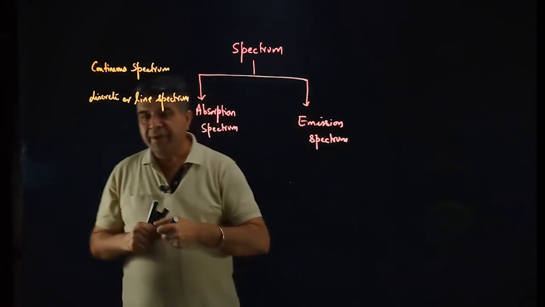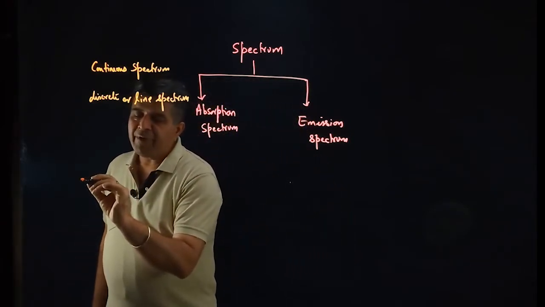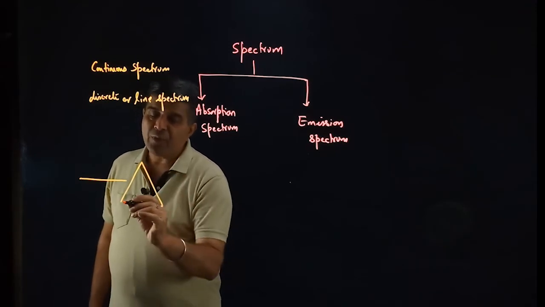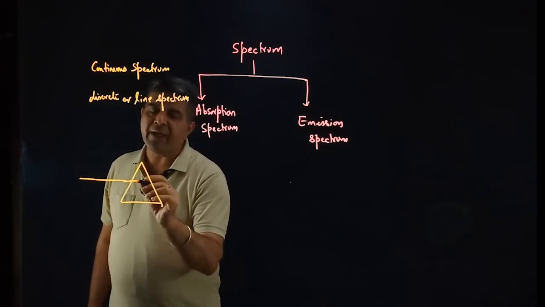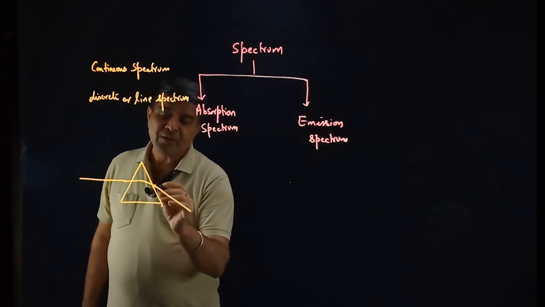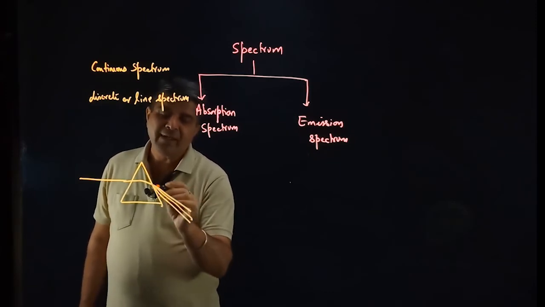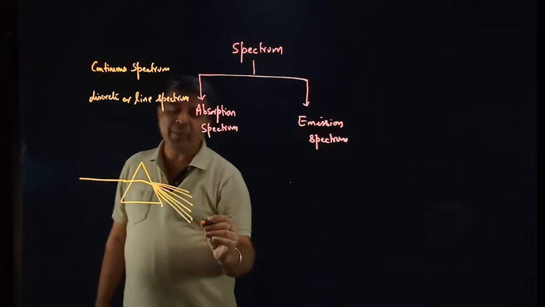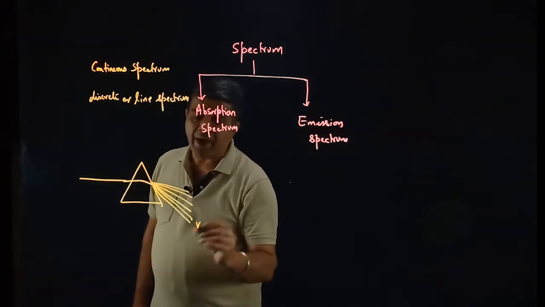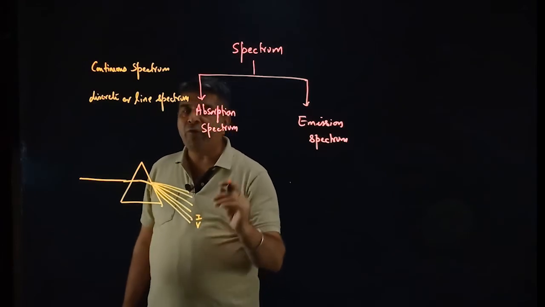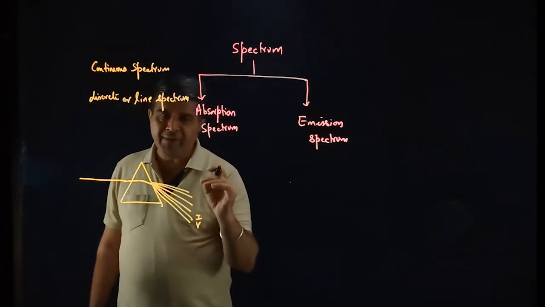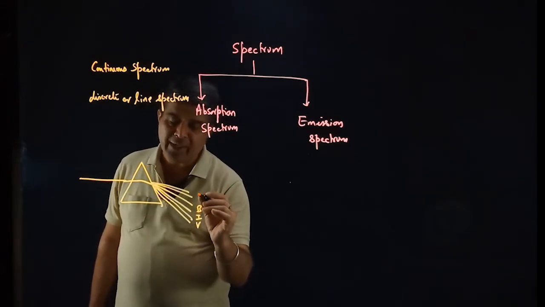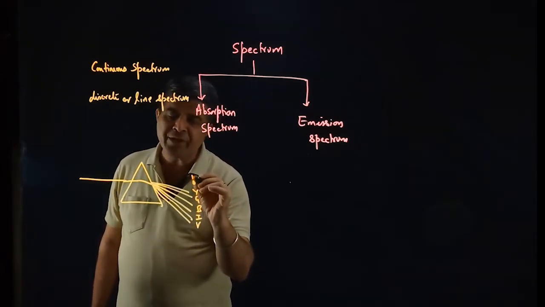Now I have given an example that if white light is made incident on a prism, it would split up into 7 colors like this. Now in these 7 colors you can't find the boundary. It would start with violet, then indigo becomes intense, we see indigo, then blue becomes intense, we see blue, then green, yellow, orange and red.